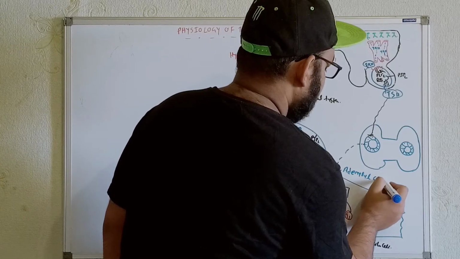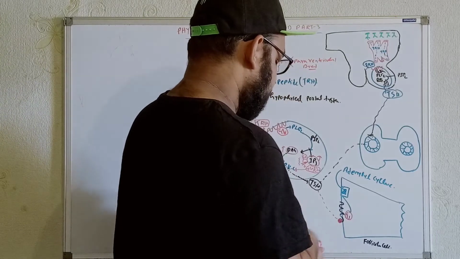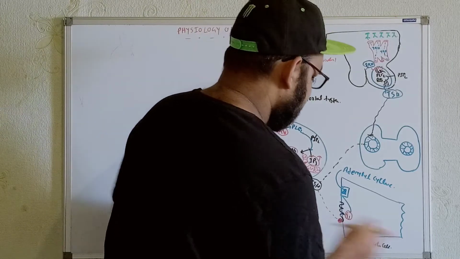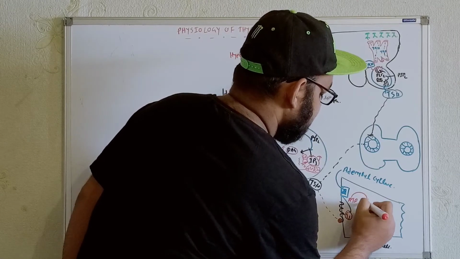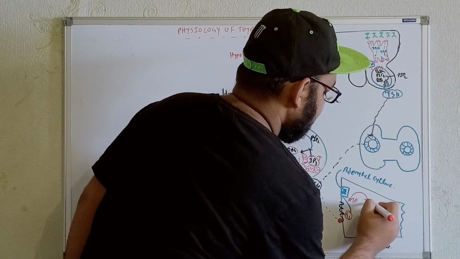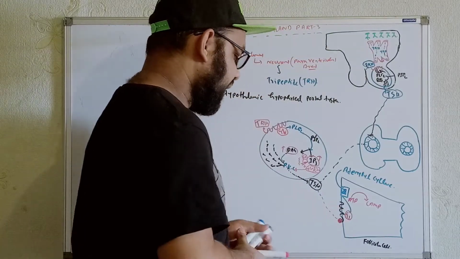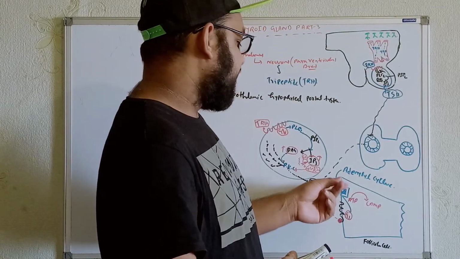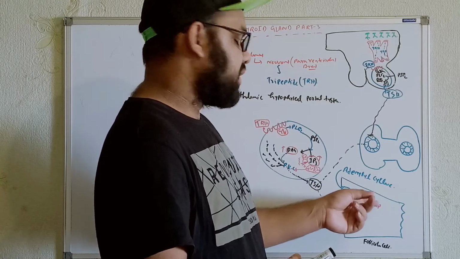Whenever they are activating the adenylyl cyclase, this enzyme will convert the ATP into cyclic AMP. So when more and more TSH is coming over here, there is more activation of the adenylyl cyclase, so more conversion of the ATP into cyclic AMP.